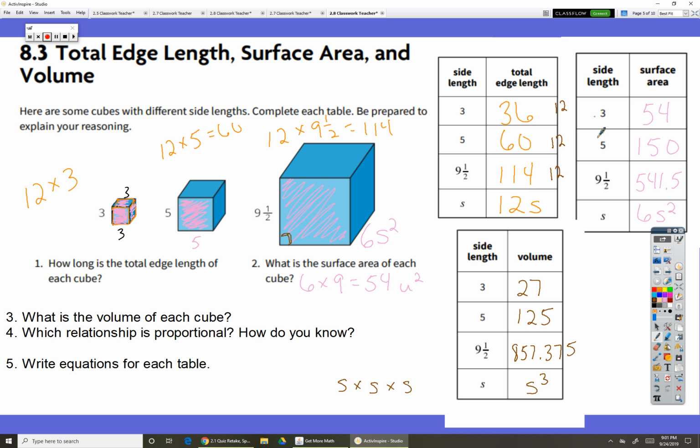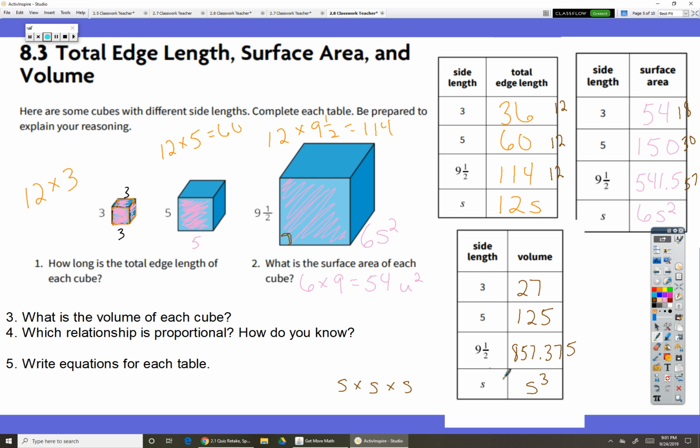If we look at the surface area table, 54 divided by 3 is 18. 150 divided by 5 is 30. 541.5 divided by 9.5 is 57. So this table is not proportional. It does not have a constant of proportionality.